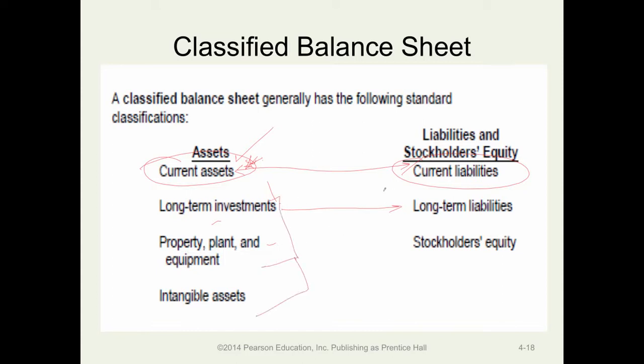And these are long-term assets or non-current assets. These assets will not be used or converted into cash within 1 year or operating cycle. Sometimes these are called non-current assets as well.